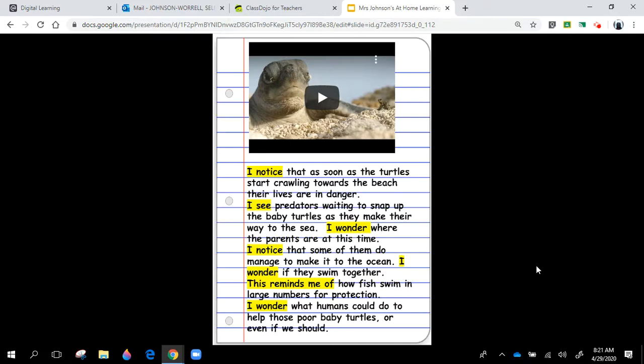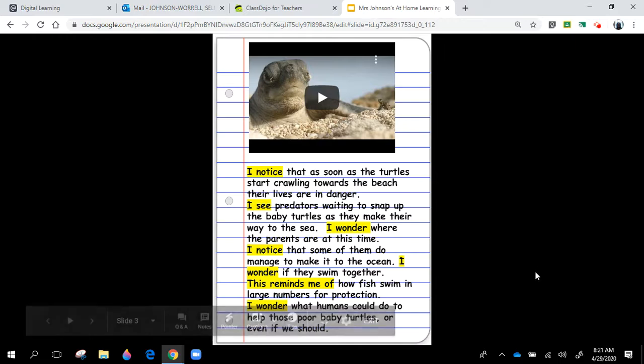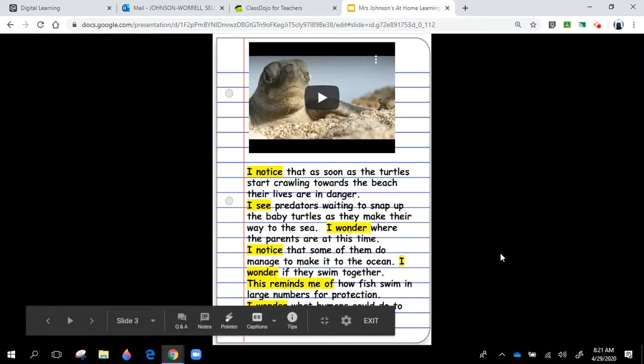This reminds me of how fish swim in large numbers for protection. See, I didn't see that, but that's just coming into my mind when I looked at the video. I wonder what humans could do to help those poor baby turtles, or even if we should. So this was what I wrote on the video that we just looked at, and I put all of that into my digital notebook.